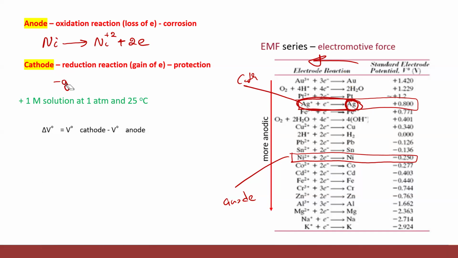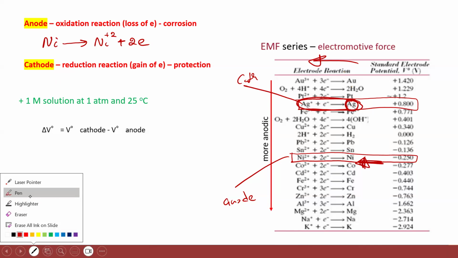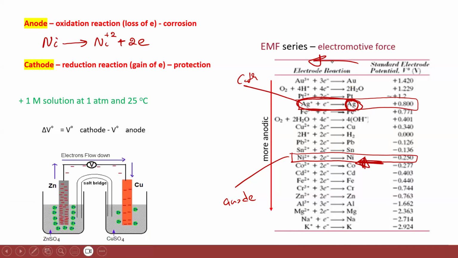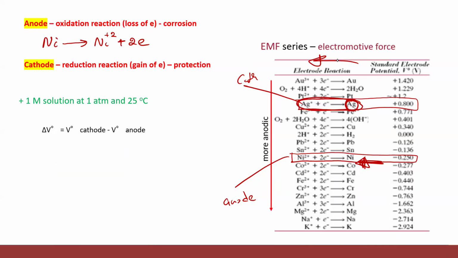So in the anode, you are writing the given reaction, and in the cathode, you are writing the given reaction in the opposite direction, towards the left. So Ag+ is gaining an electron, and it is making Ag.